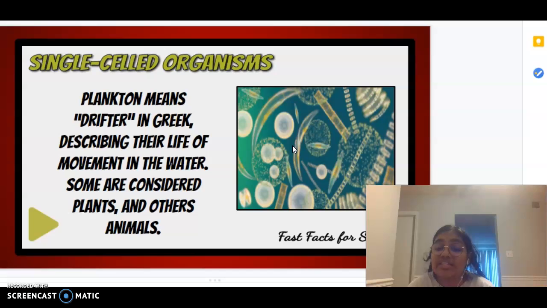So it really changes depending on each single-celled organism that we're looking at. Some of them can be considered as plants, but some of them can also be considered as animals. I know it sounds confusing, but depending on how they eat or how they produce or don't produce their own food, they can be categorized into the plant or animal kingdom.